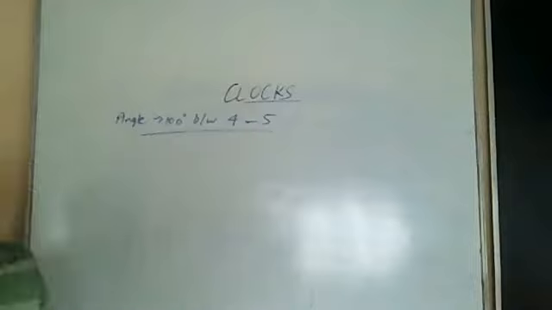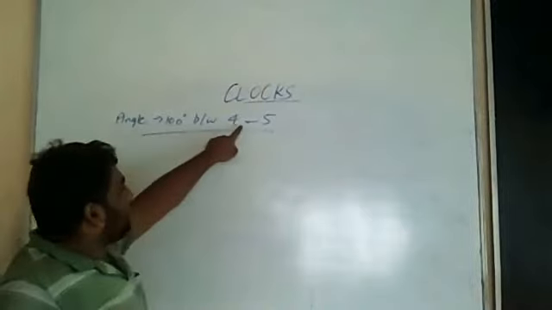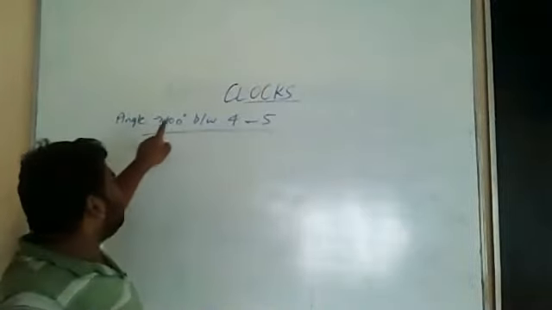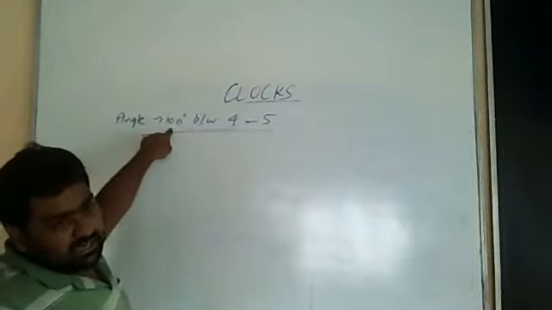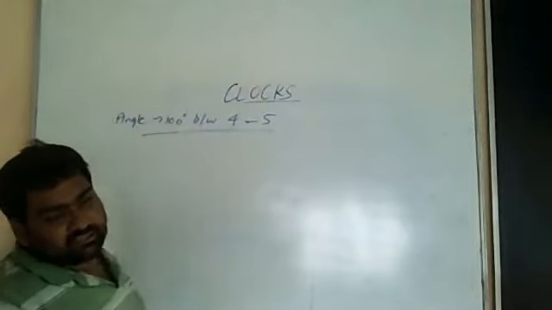You must tell me the exact time between 4 o'clock and 5 o'clock at which the angle between the minute hand and hour hand is exactly 100 degrees. This is your question.